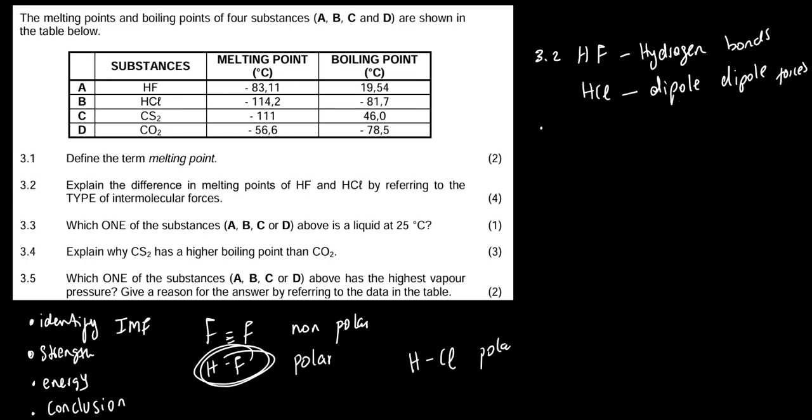So I've already identified the type of intermolecular forces. Then we know that hydrogen bonds are stronger than dipole forces, because on the list of van der Waals forces, hydrogen bond is the one that is starting.